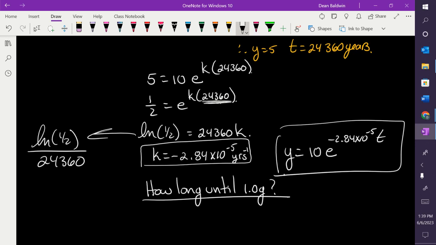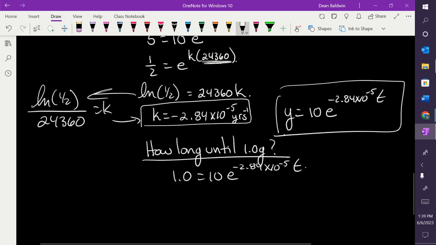All right. Okay, so how long to 1 gram? So it's 1.0 is equal to 10 e to the negative 2.84 times 10 to the minus 5 t. Okay, people, wow me with your mathematical skills and tell me the answer.